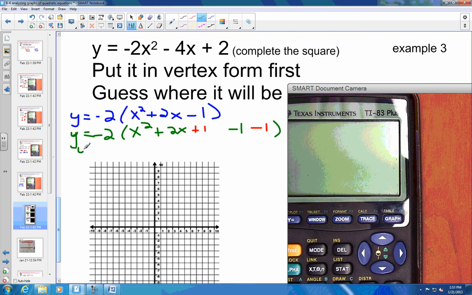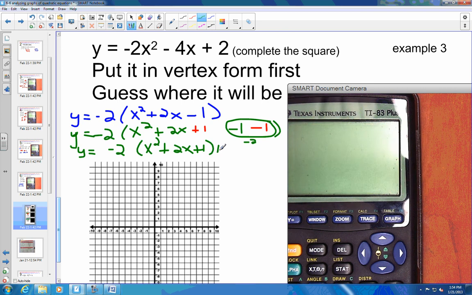So this is going to be y equals, we've got our -2, we've got our x squared plus 2x plus 1, and I just said that this here is actually a -2 on the inside of the parentheses. And if we want to pull it on the outside of the parentheses, -2 times -2 is actually a +4 when I pull that out of the parentheses.